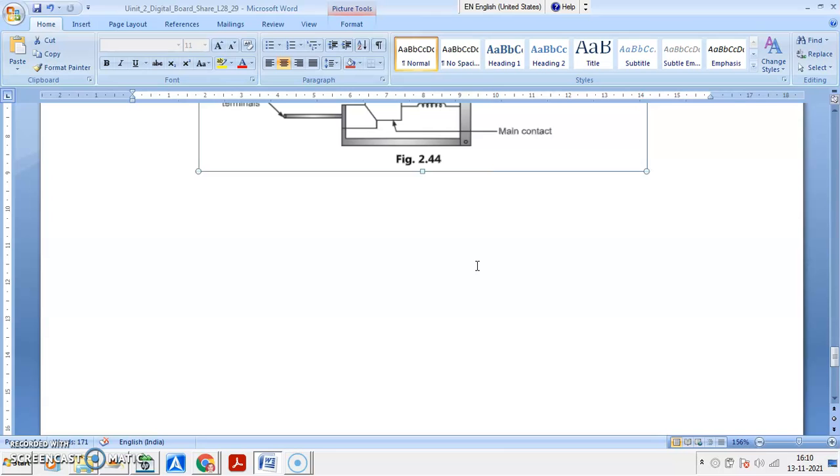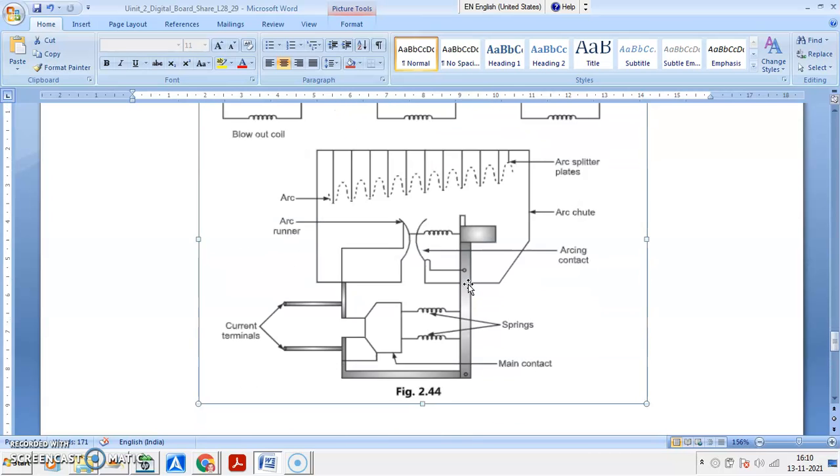Some merits or advantages we can see. Air brake circuit breakers are very simple in construction. They are suitable for low voltages. It is an indoor type, and it can be controlled manually or automatically.